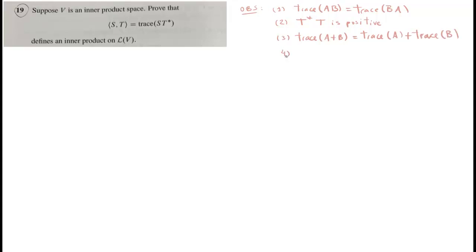The fourth property is that the trace of a scalar Z times T is equal to the scalar times the trace of T. And the fifth property is that the adjoint of S times T is equal to the adjoint of T times the adjoint of S. And the sixth property is that the trace of the adjoint of T is equal to the trace of T, all this with conjugate.